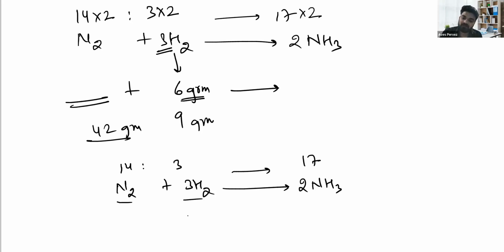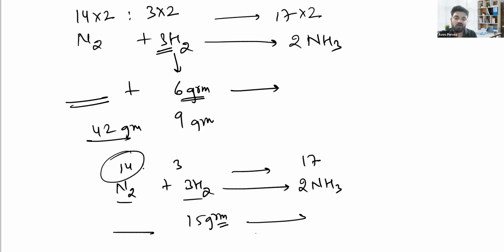If you have 15 gram of hydrogen, then how many grams of nitrogen will be required to react completely? Abdul Jabbar, tell me. If you have 15 gram of hydrogen, how many grams of nitrogen gas will be required?